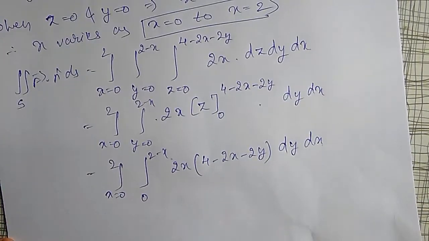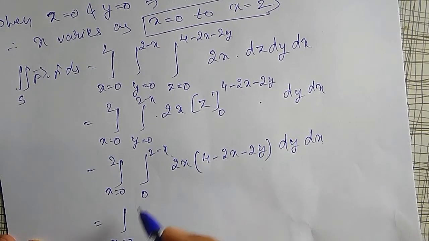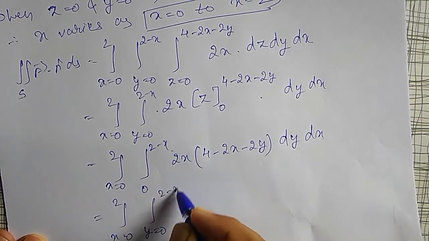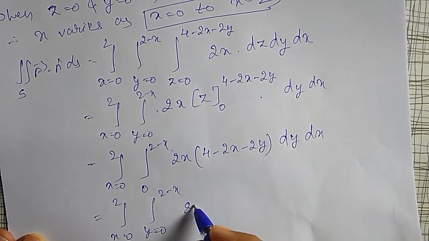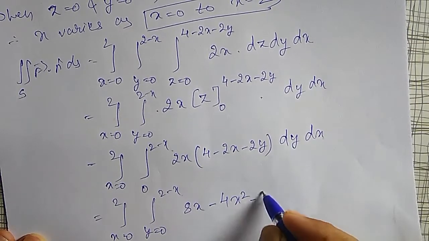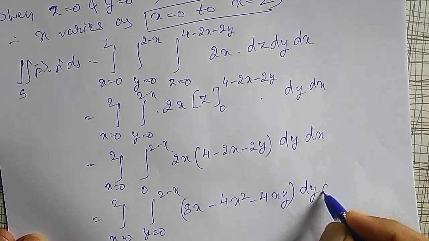Multiply this 2 inside. I am going to get integration from x equal to 0 to 2, integration from y equal to 0 to 2 minus x, 8x minus 4x square minus 4xy into dy dx.